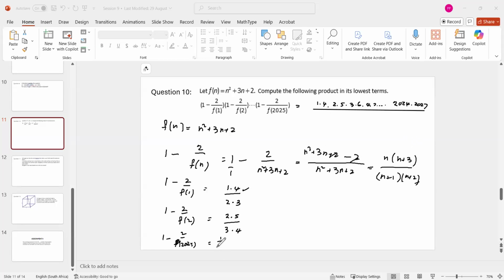And then in the denominator, you've got 2 times 3 times 3 times 4, and then, of course, the next one will be 4 times 5, and so on, going up to 2025 times 2027 and 2026. Now, you see a lot of things will cancel here, right?